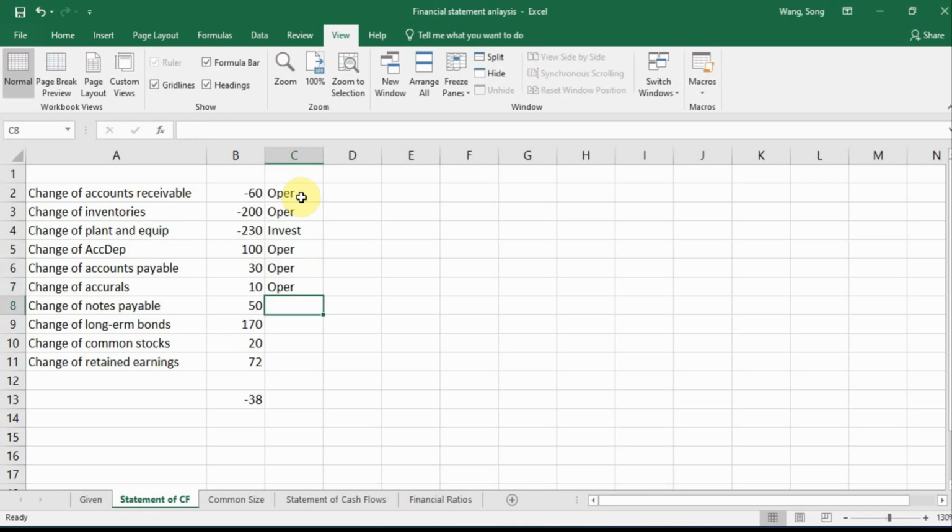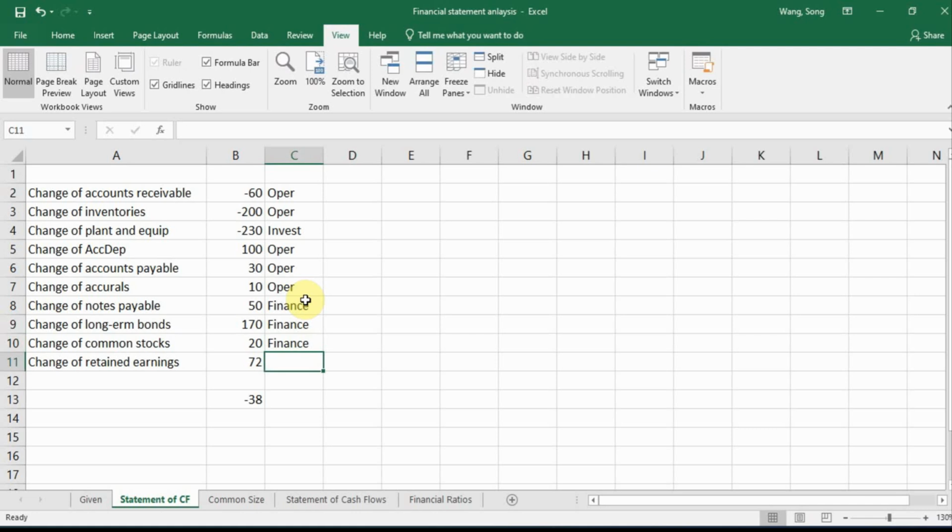These are all related to the daily operations of the firm. Notes payable, that's something different. Notes is about issuing securities, so that's a financing activity. Long-term bonds are also about issuing securities in the market, and common stock, of course, are financing activities.